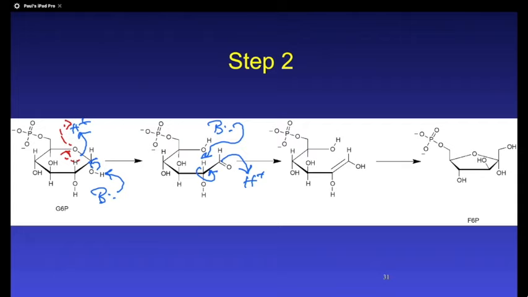Okay. Now it gets a little weird. Okay. I have to find one that is deprotonated, and I got to find something that is protonated. Okay. What gets deprotonated? The oxygen that is located right here. That's the one that's losing the proton. Where's the entity that gains a proton? Carbon. Yes.